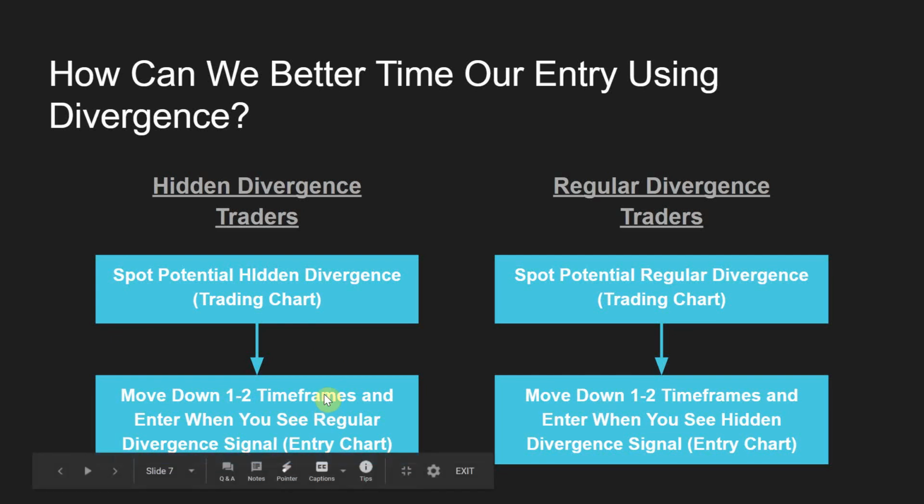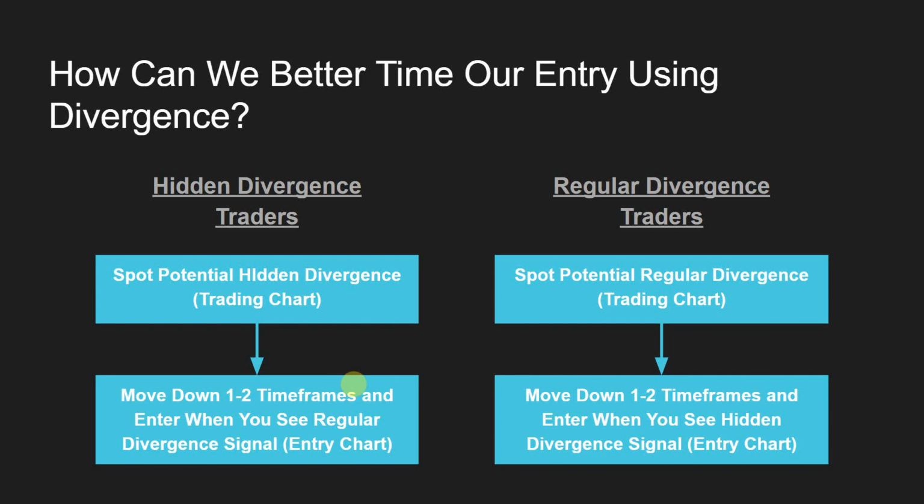You then move down one or two time frames and start looking for regular divergence. When you get regular divergence, you wait for the MACD to cross over, then you place your entry on that lower time frame chart, and then you go back to your trading chart and manage the trade as you would normally, in the example, your 5-minute chart.